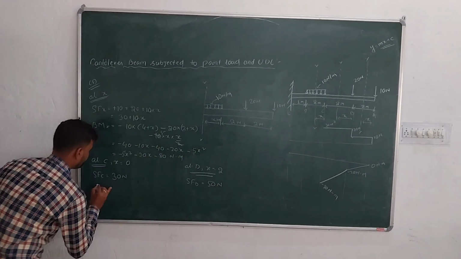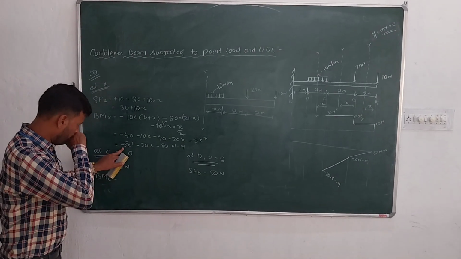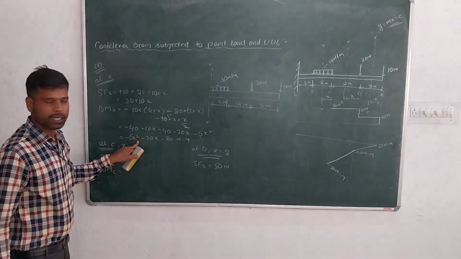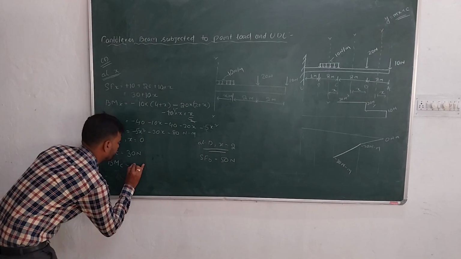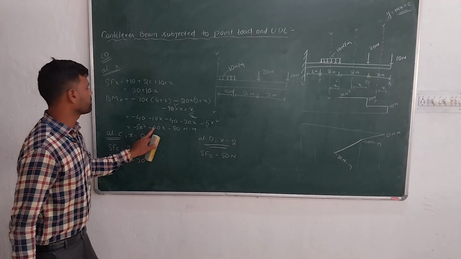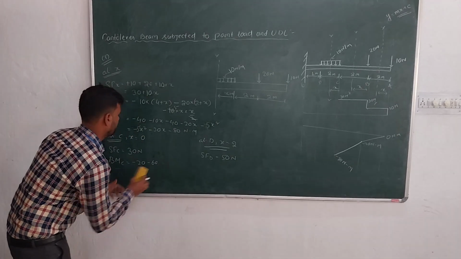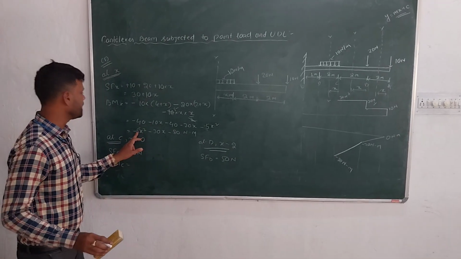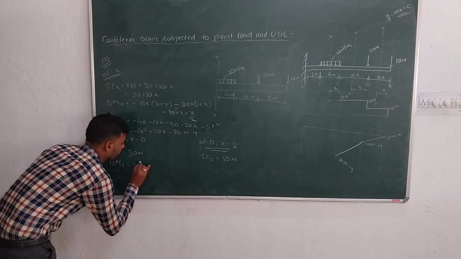50 Newton. Bending moment at C is, as x is 0, minus 80 Newton meter.